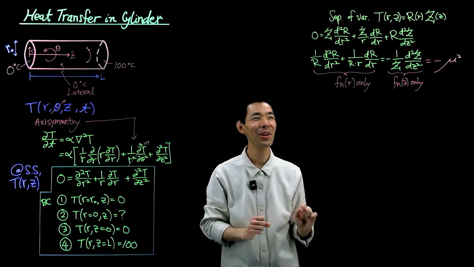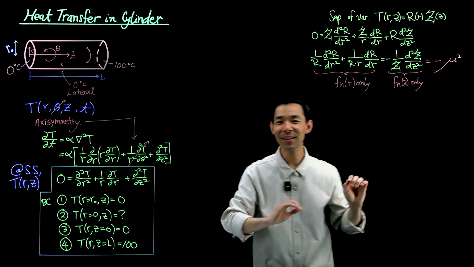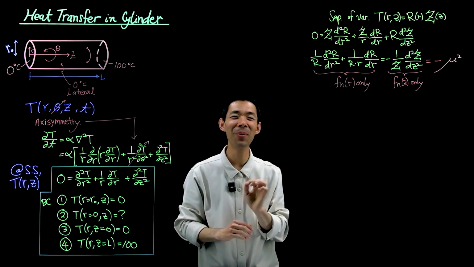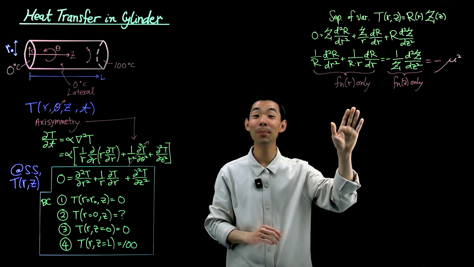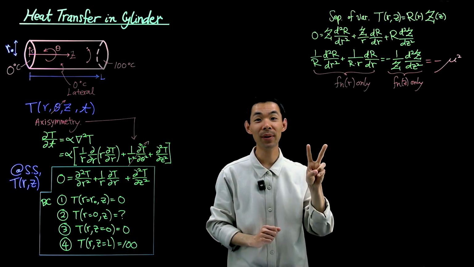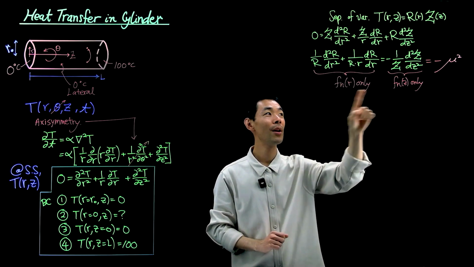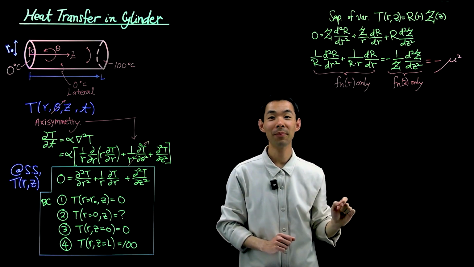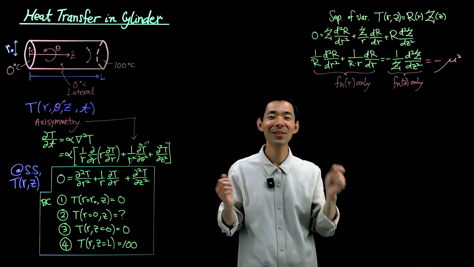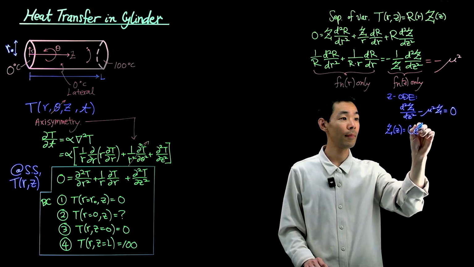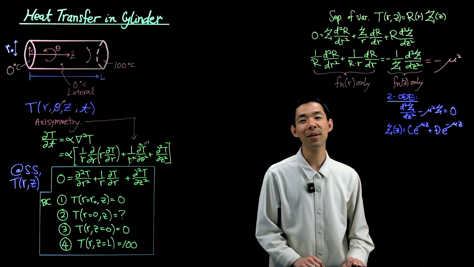If that didn't make any sense to you, we're going to come back to that a little bit later. But the most important part is that at this point, we have two separate ODEs to solve, one ODE for capital R, one ODE for capital Z, just like we've always been doing. Let's solve those two separate ODEs. First, the easier one.